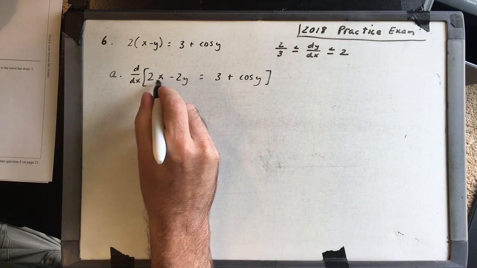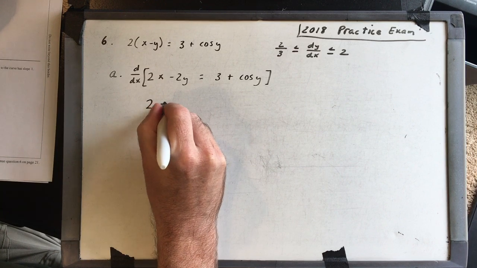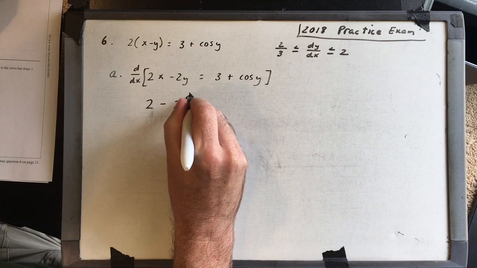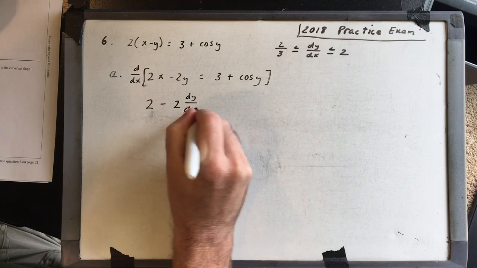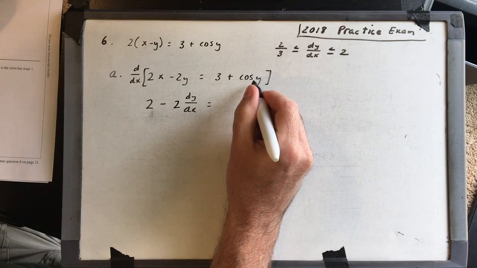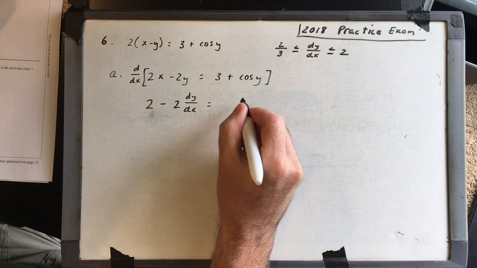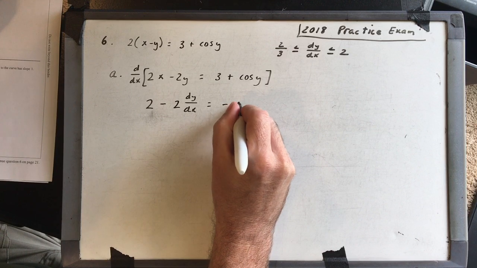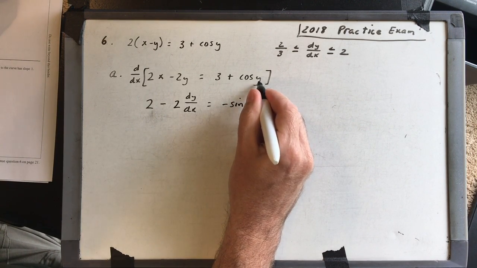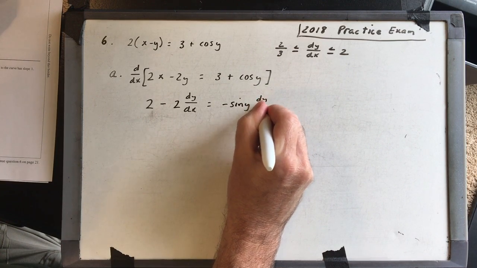So the derivative of 2x is just 2, minus the derivative of 2y would be 2 times dy dx. The derivative of 3 is 0. And the derivative of cosine y is minus sine y. But don't forget, this is implicit differentiation, so the derivative of y is dy dx.